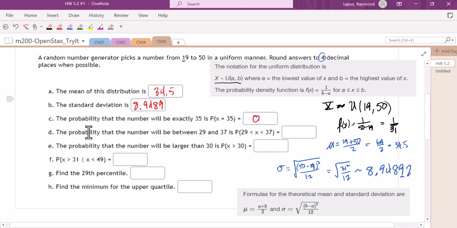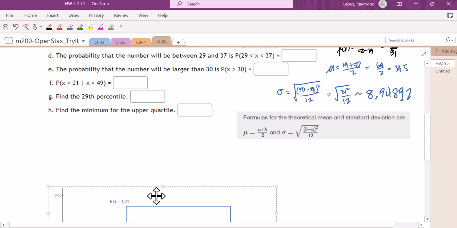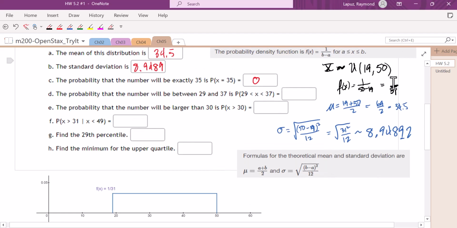In part D, now you're looking at numbers between 29 and 37. For this, it would be good to have a graph of your distribution. Remember, your function is just a constant function, 1 over 31, some value that's less than 0.05, which would look something like this between 19 and 50.